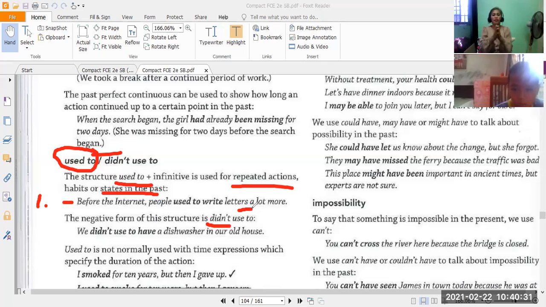Yeah, very good. Like this, the negative form of this structure is didn't used to. Look at this one: we didn't used to have a dishwasher in our old house.